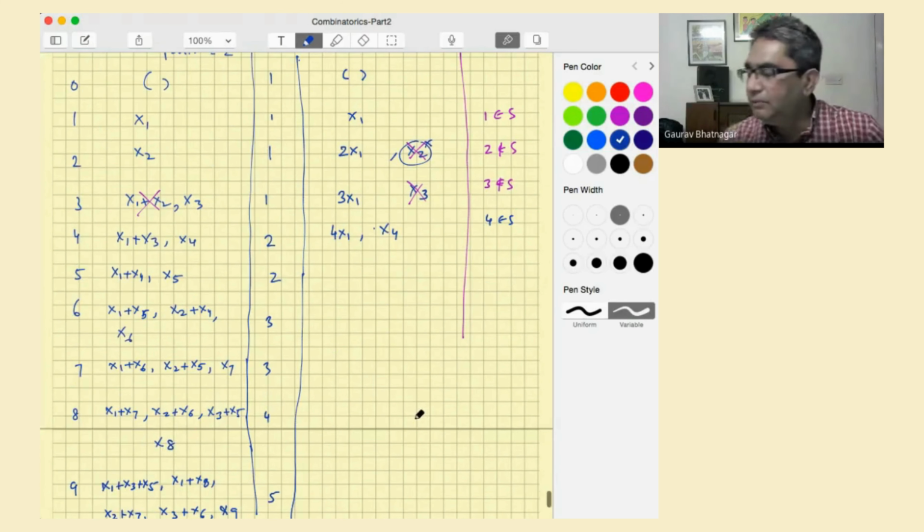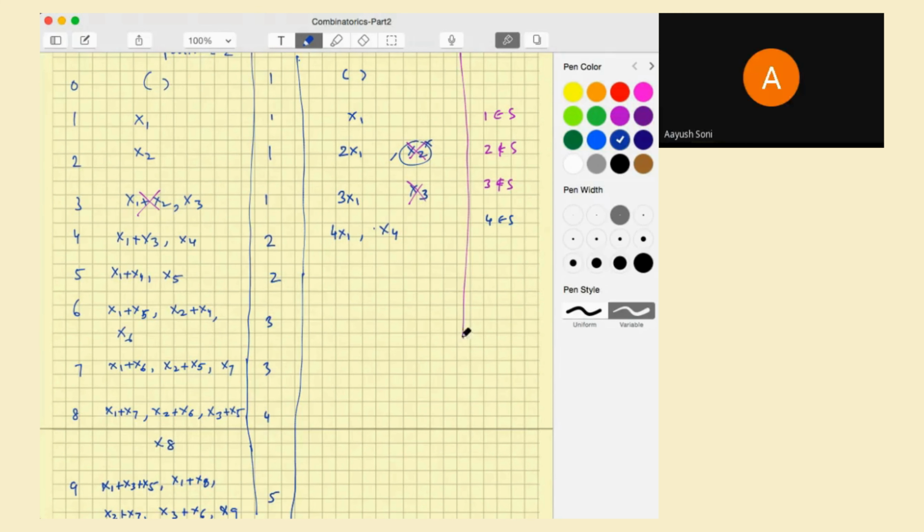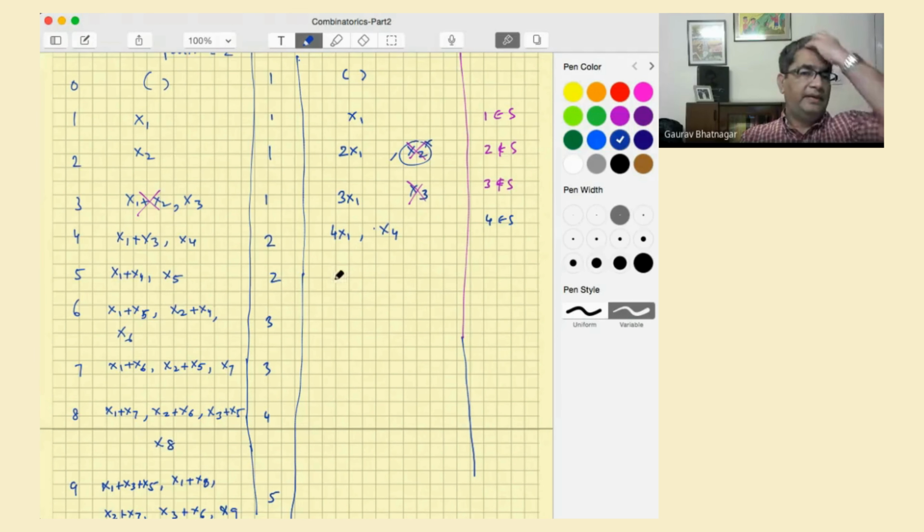Is this clear what I'm doing? Yes, Professor. Okay, so 5x1, x1 plus x4. x5 can't be there because we are done with 2, so x5 is not there.